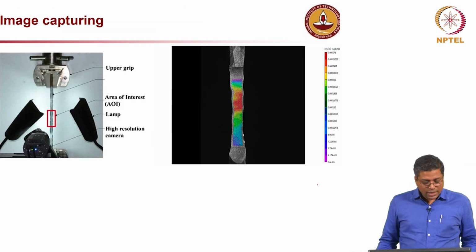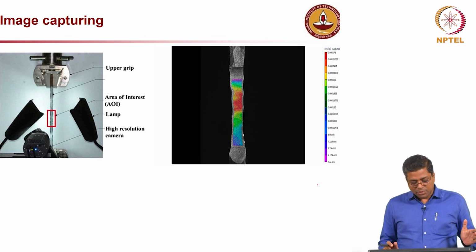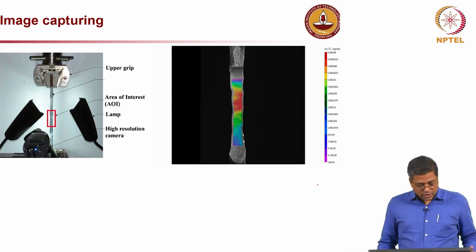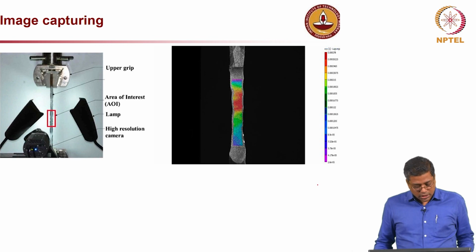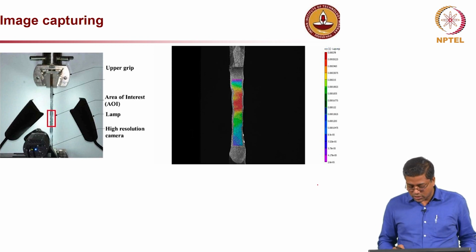So this is a setup to capture these images. Basically during the test we capture several images using this high resolution camera setup, and then post testing we can analyze the data and see how the stress strain behavior is at different points on the bar.